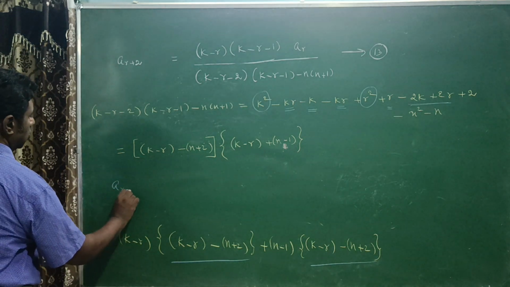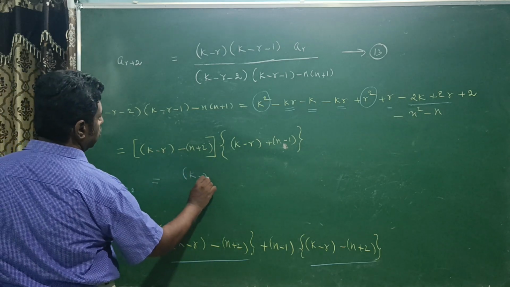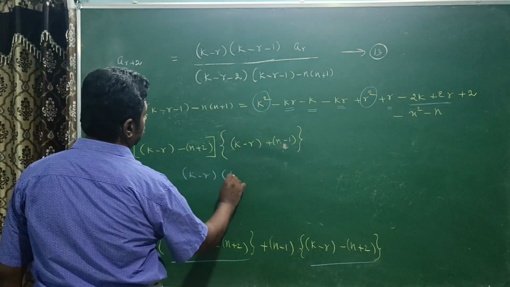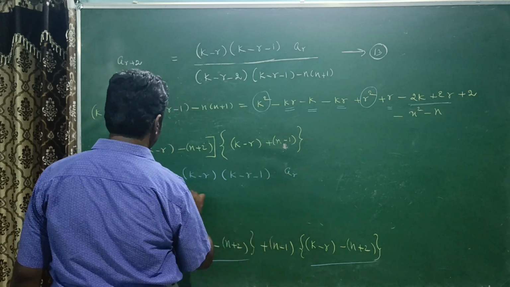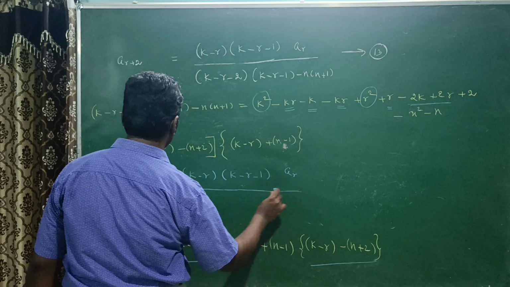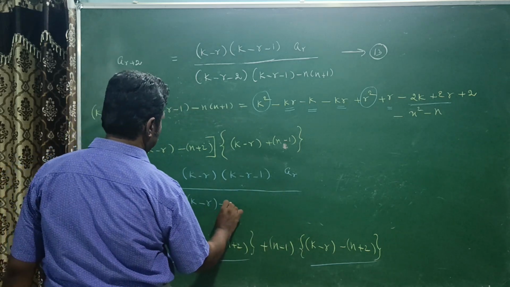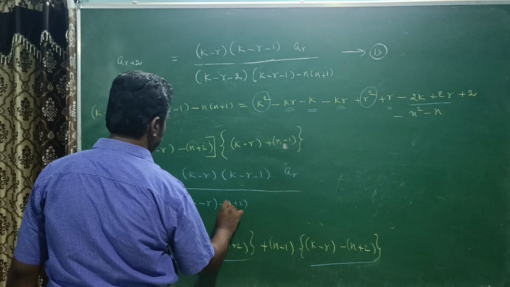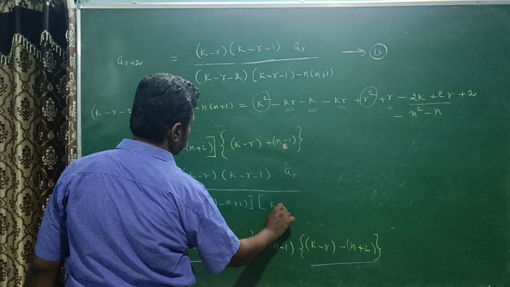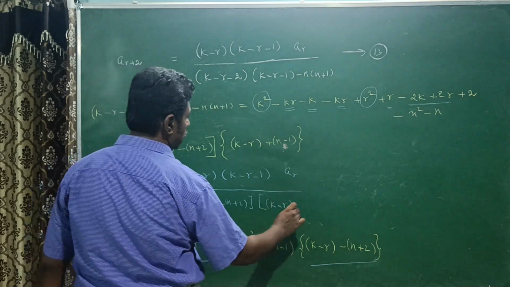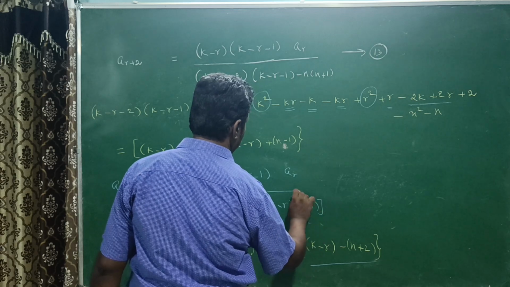Now a_(r plus 2) is equal to (k minus r) into (k minus r minus 1) a_r divided by (k minus r minus (n plus 2)) into (k minus r plus n minus 1).